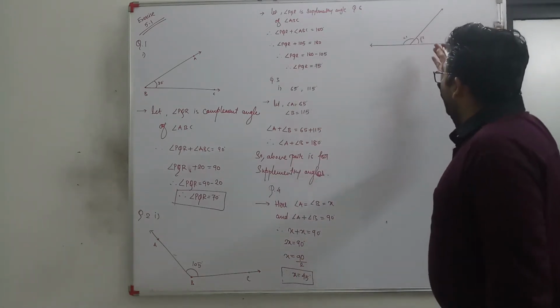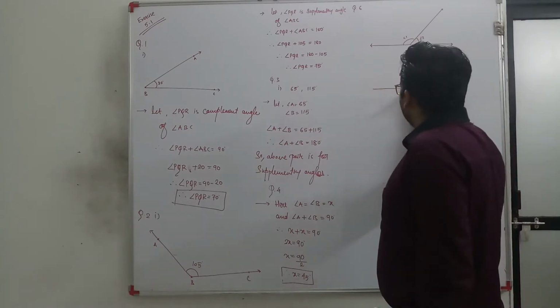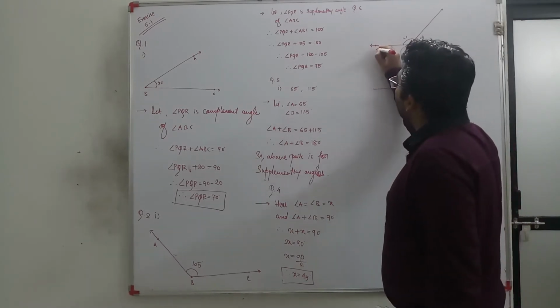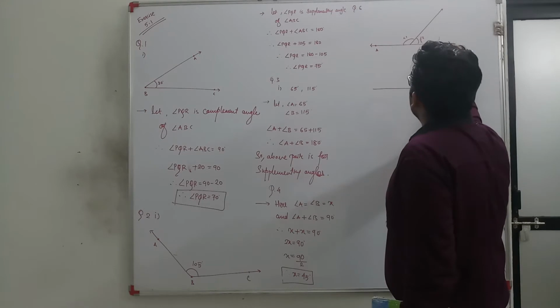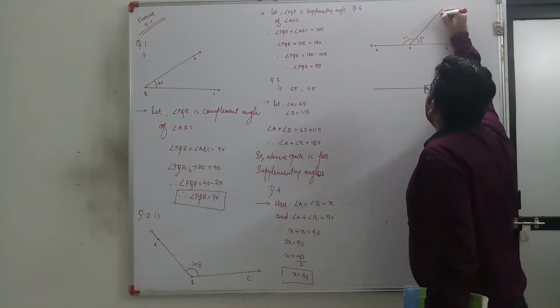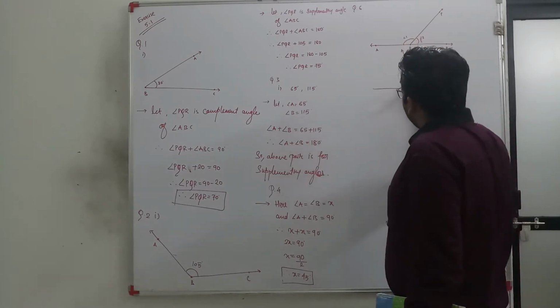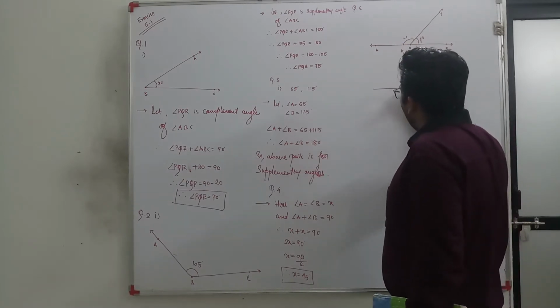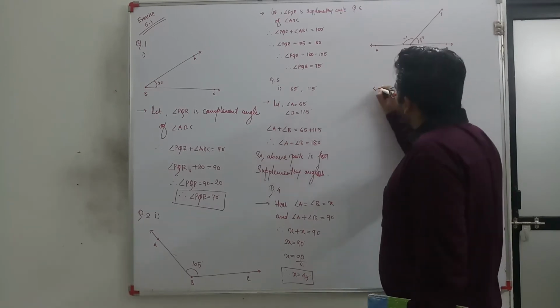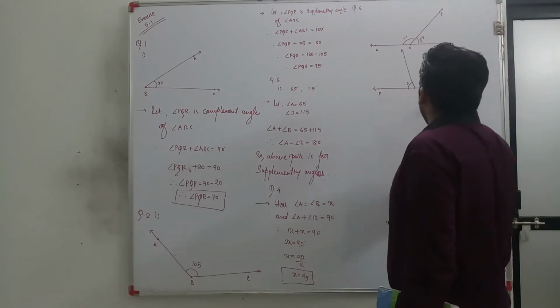So see here, for a line AB, say this is a ray OP. If I shift this OP like this, then what happens? Angle 1 becomes small and angle 2 becomes large. But how much?